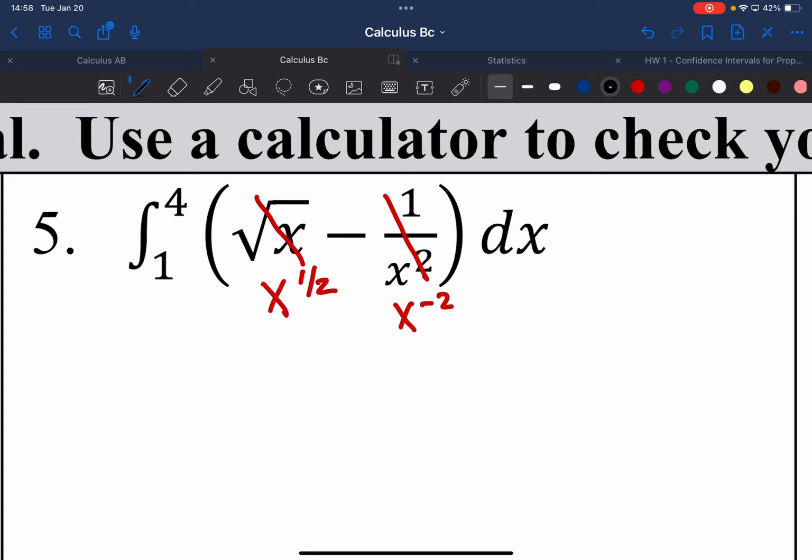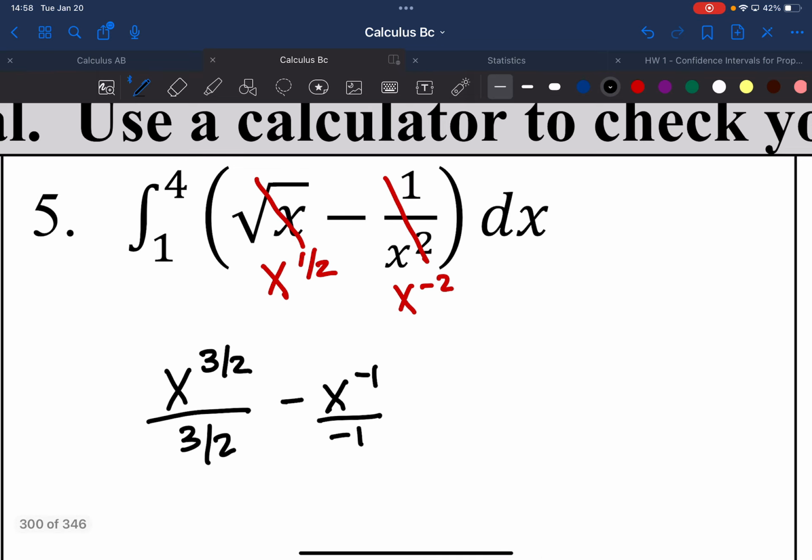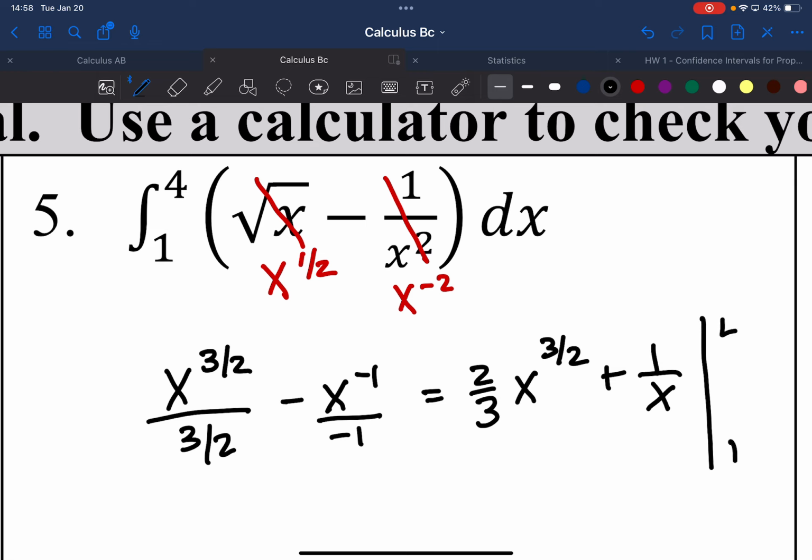So knowing that, the antiderivative of x to the 1/2 is going to be x to the 3/2 divided by 3/2, okay, minus x to the negative 1 divided by negative 1. Okay. I can simplify that to say this is 2/3 times x to the 3/2 plus 1 over x. Okay, and this is solved at 1 to 4.